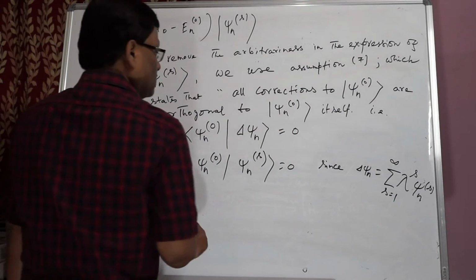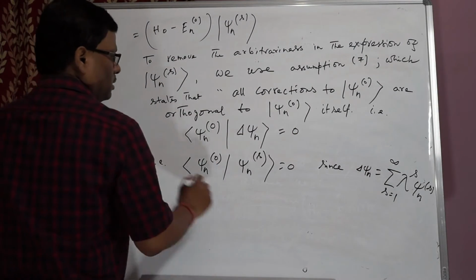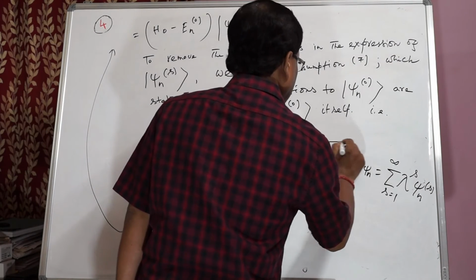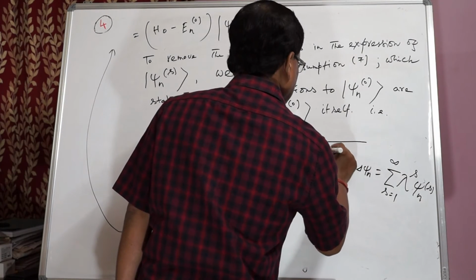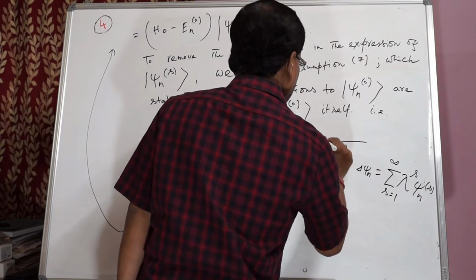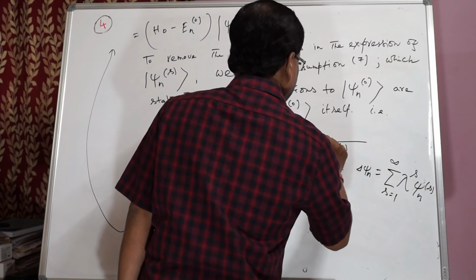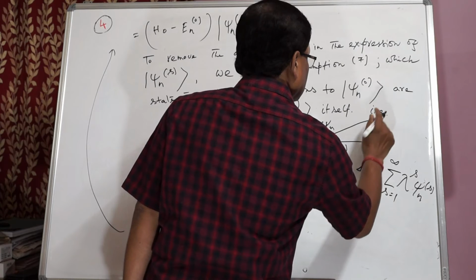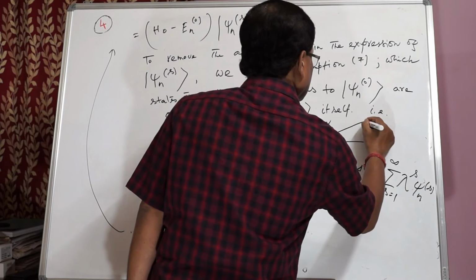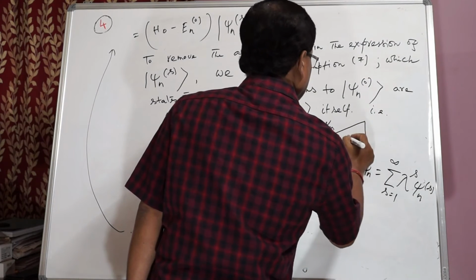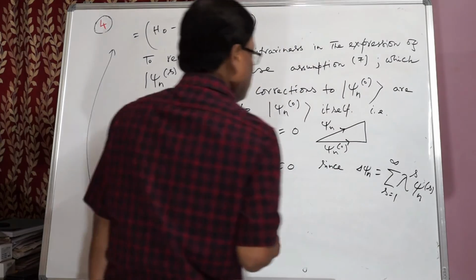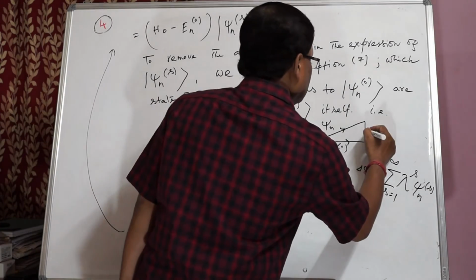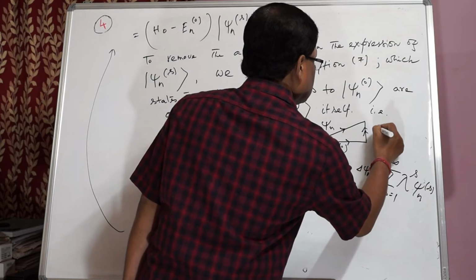So can we express these expressions in a diagram? If we write psi n0 and this is psi n, I represent psi n0 by this vector, and then psi n by this vector in this diagram. Then this is del psi n.